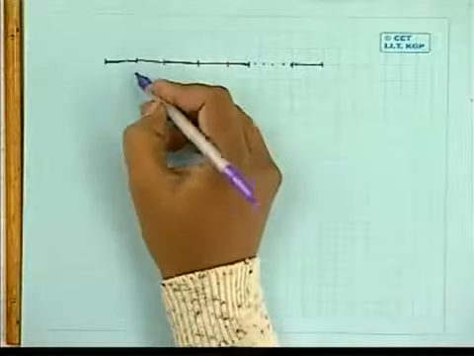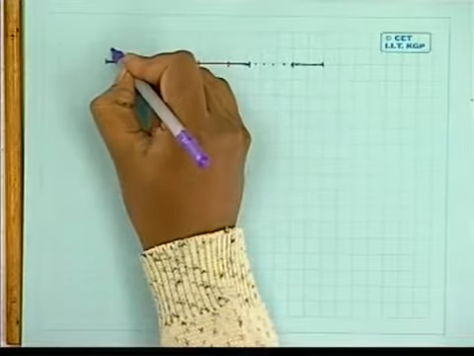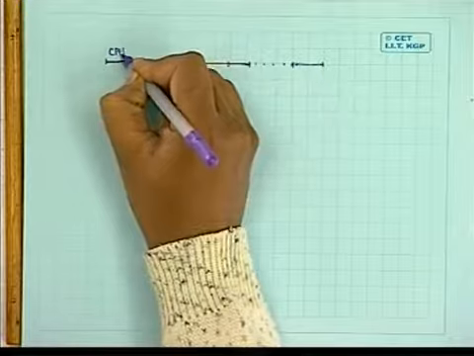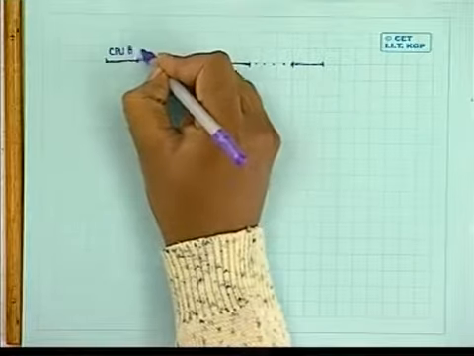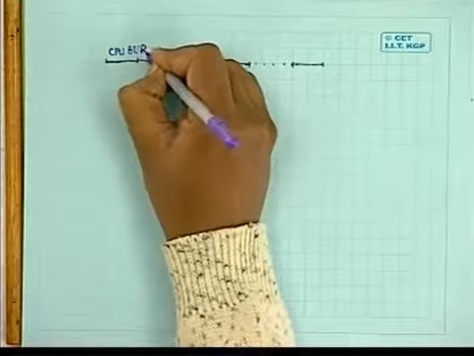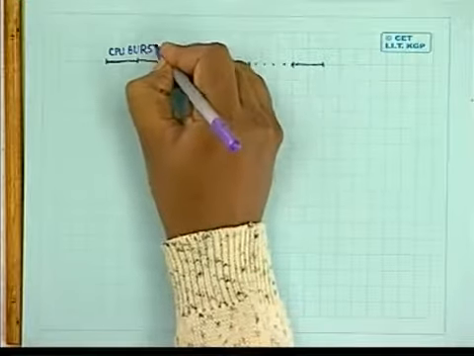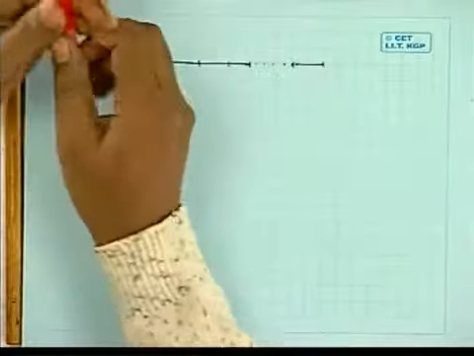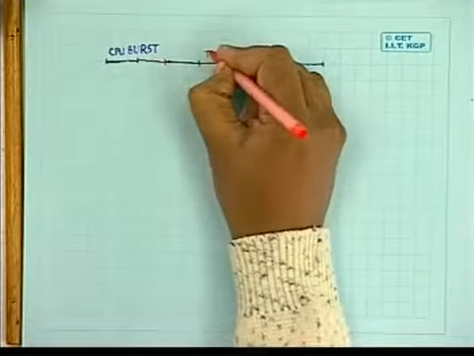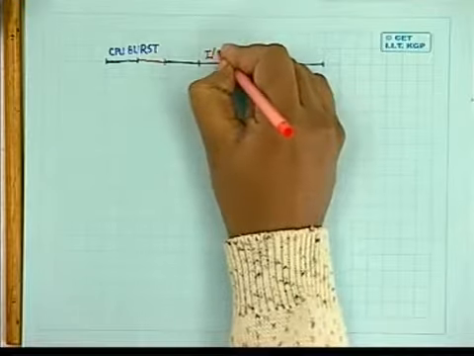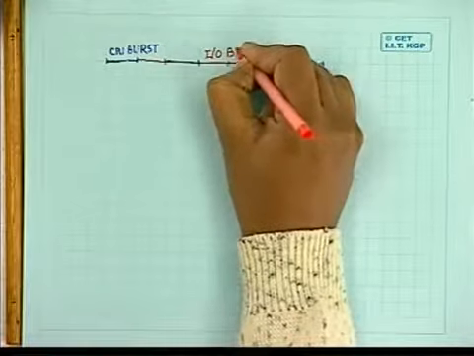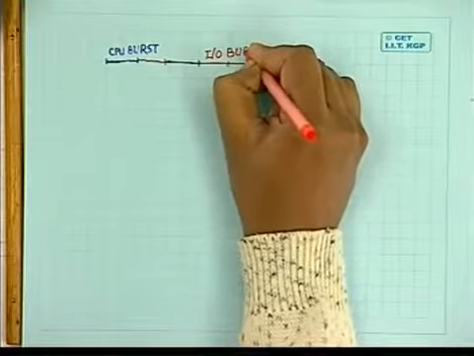All these green intervals, let us call CPU bursts. And all the red intervals, let us call IO bursts, because this is the time during which the program is performing some IO operation.